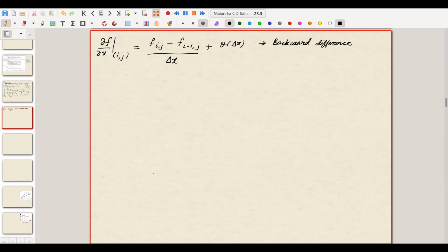So similarly, central difference also. So ∂f/∂x. So central, how can you write it, just remembering the derivative on a single variable. Yes, but tricky things will come.